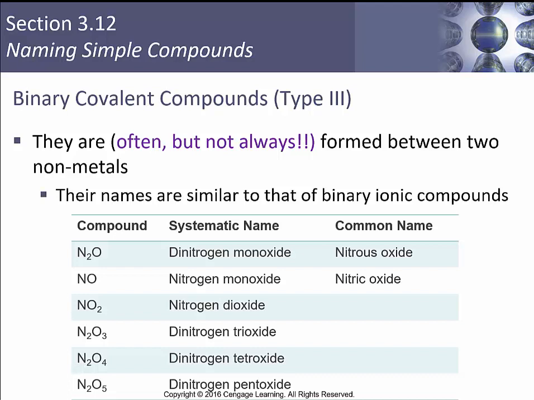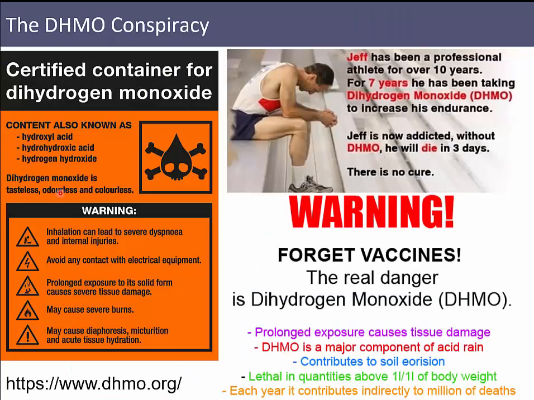Right? So if you've got time, I would suggest you look into the dihydrogen monoxide conspiracy. And so dihydrogen monoxide is going to have how many hydrogens and how many oxygens? Okay? So a certified container for dihydrogen monoxide should carry a warning label that looks like this.